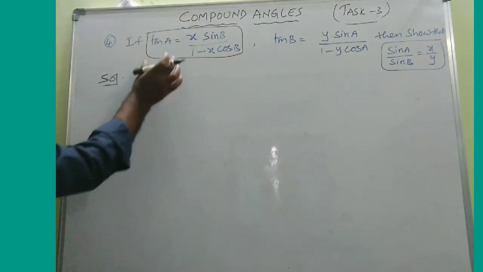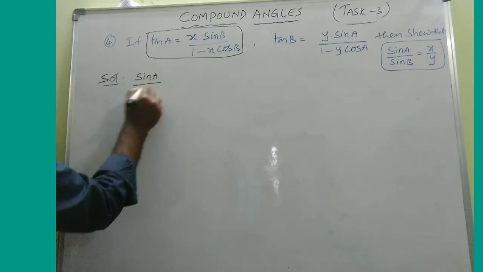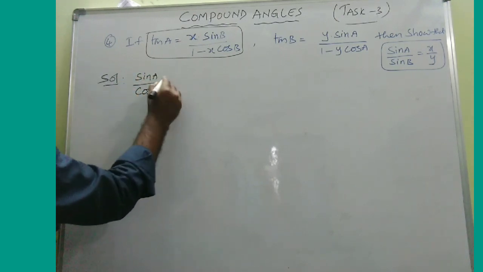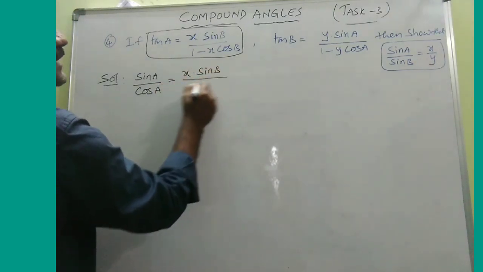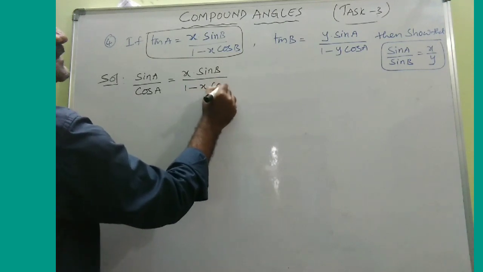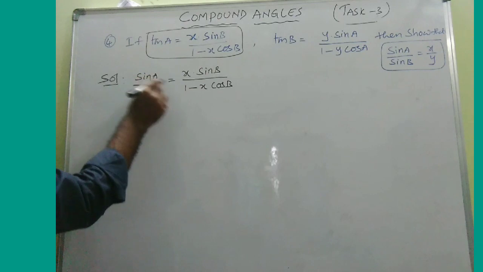Okay. So coming to here, tan A can be written as sin A by cos A, which is equal to x into sin B by 1 minus x into cos B. Just go for cross multiplication.